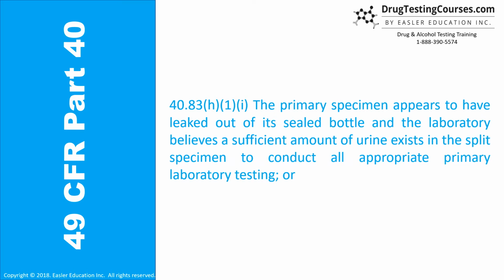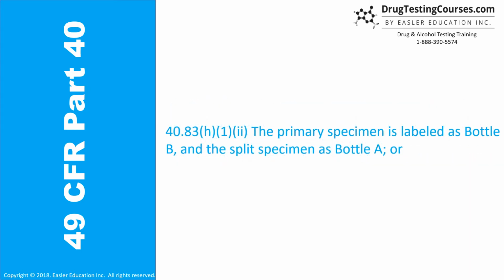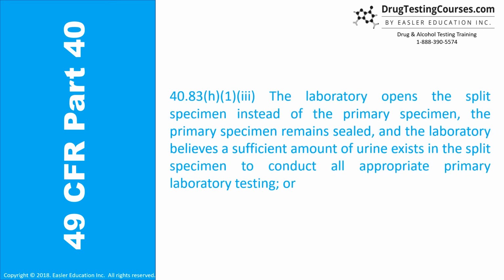40.83(h)(1)(i). The primary specimen appears to have leaked out of its sealed bottle, and the laboratory believes a sufficient amount of urine exists in the split specimen to conduct all appropriate primary laboratory testing, or 40.83(h)(1)(ii). The primary specimen is labeled as Bottle B, and the split specimen is labeled as Bottle A, or 40.83(h)(1)(iii).